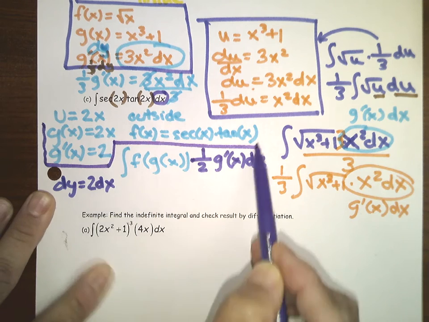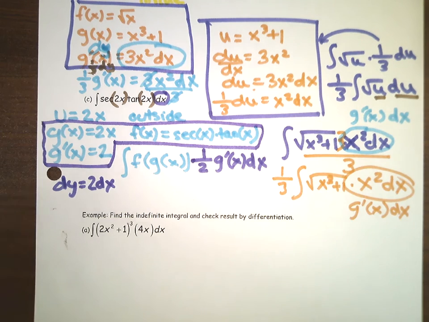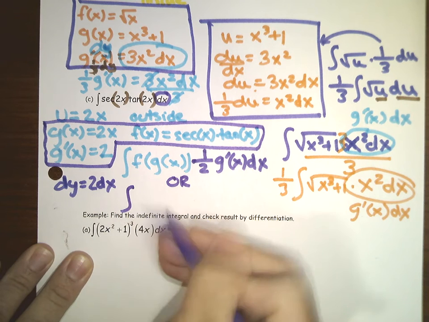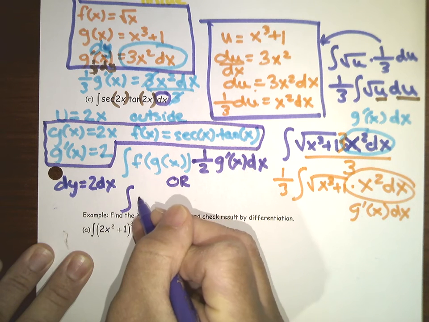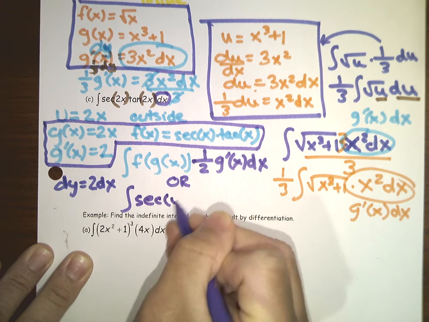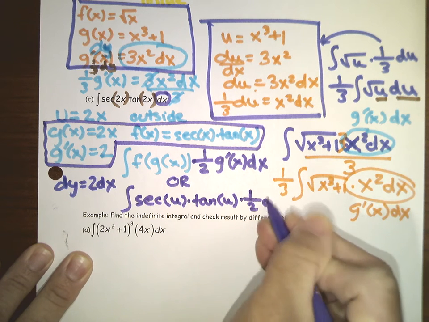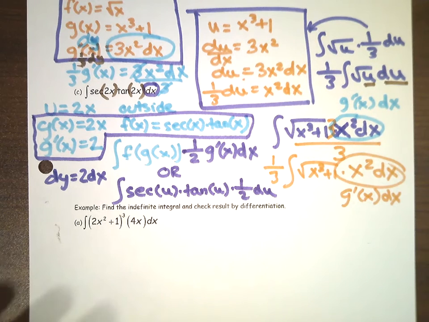And again, if I wanted to write this in u format, I could write it as secant of u times tangent of u times 1/2 du. We'll work with the u format more often than with the x's. Again, if you have any questions, feel free to ask.